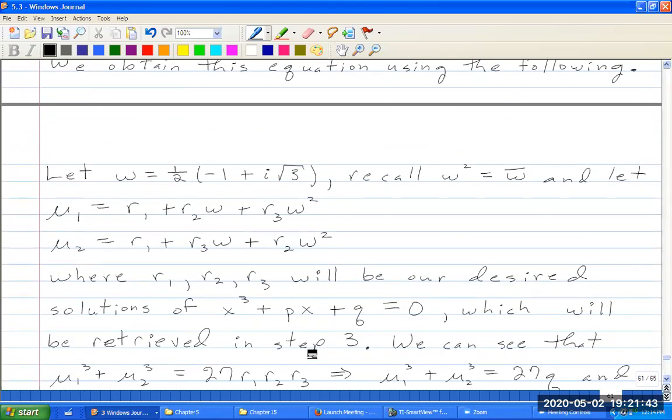And let mu1 equal R1 plus R2 omega plus R3 omega squared.